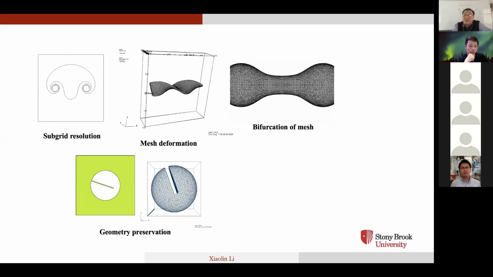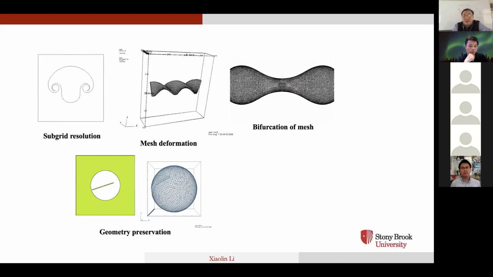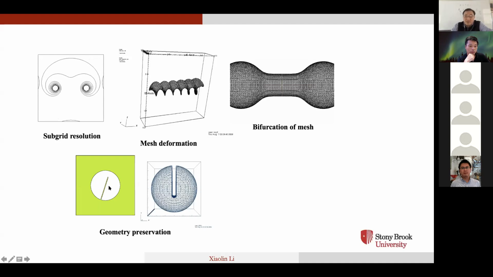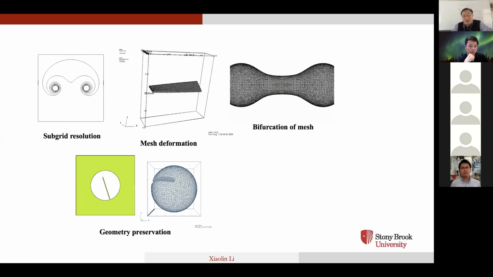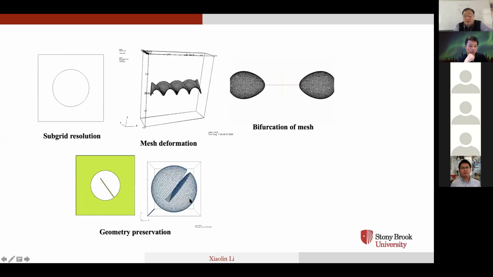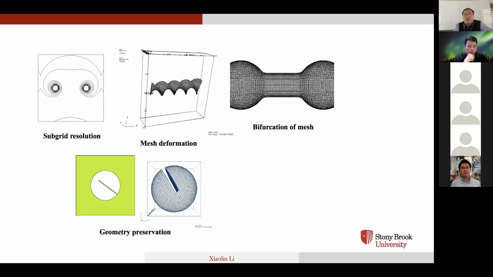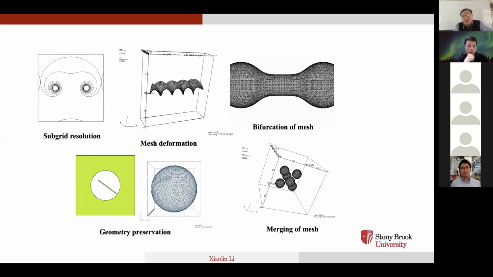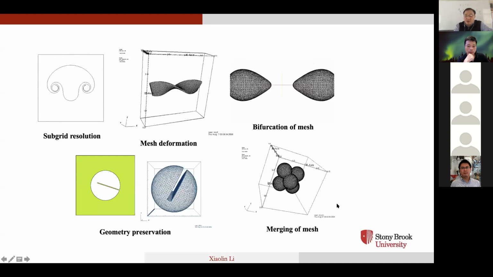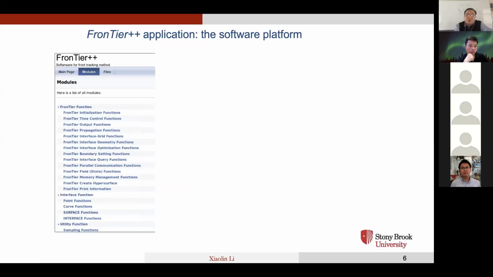If you use level set method, after just a few rotations, this slot, especially when it is very narrow, will be eroded very quickly. That makes front tracking method suitable for fluid structure interaction as well. This is mesh merging.